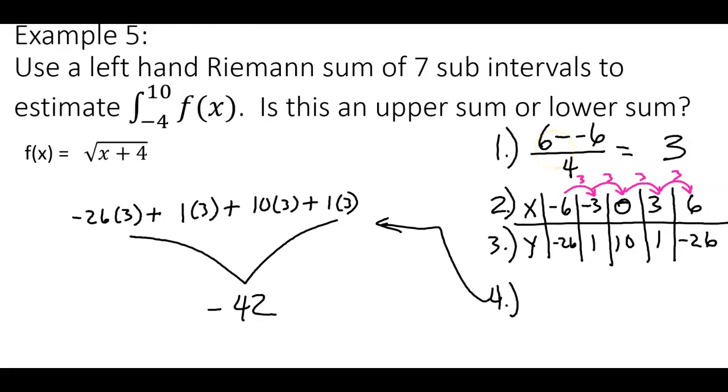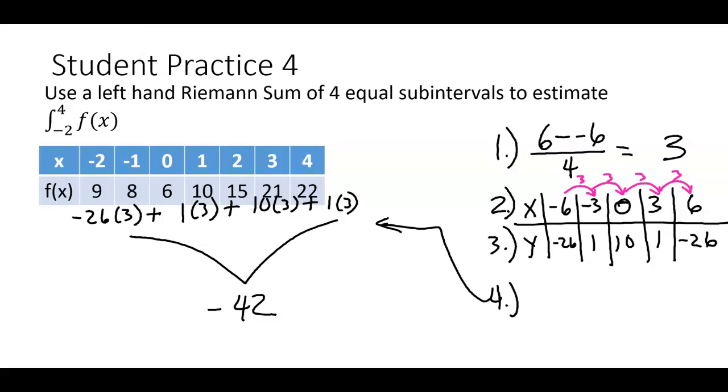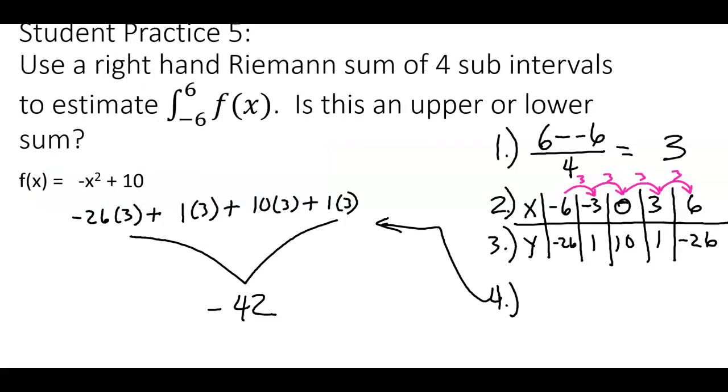Last minus first. Last minus first would be 6 minus negative 6 divided by 4 subintervals, which gives me a delta x of 3. Starting at my lowest x value of negative 6 and going up by 3's, we end up with our last x value, which is 6, giving us 4 subintervals with a base of 3.